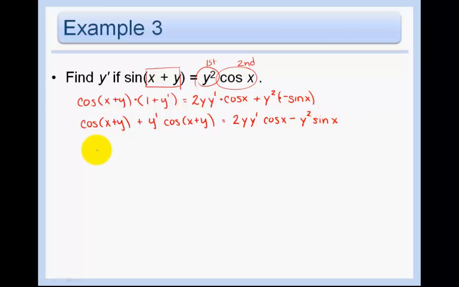Let's pull all the y prime stuff on the left, and let's pull everything else on the right.